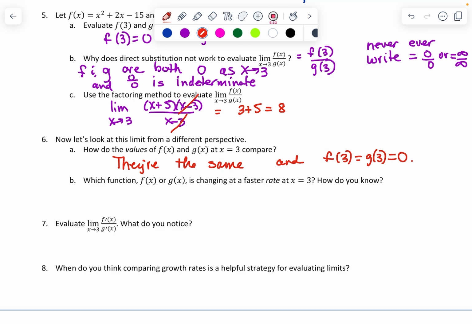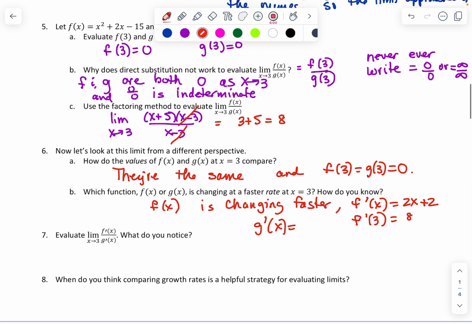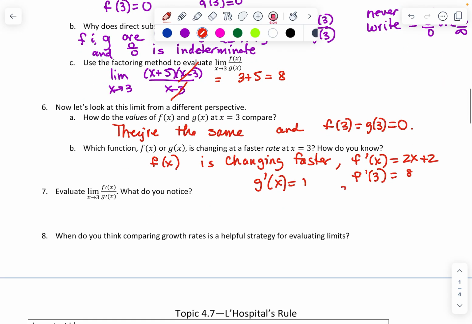So which function, f of x or g of x, is changing faster? Well, f of x is changing faster. Think about this. F prime of x is 2x plus 2, and f prime of 3 is 8. G prime of x is 1, and g prime of 3 is still 1.